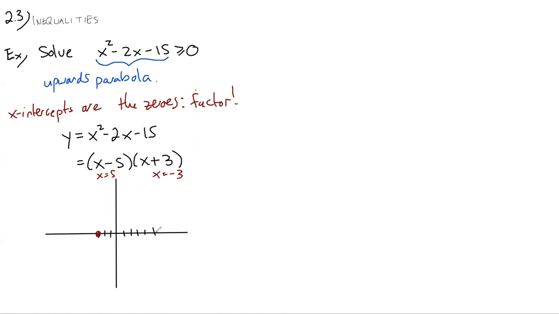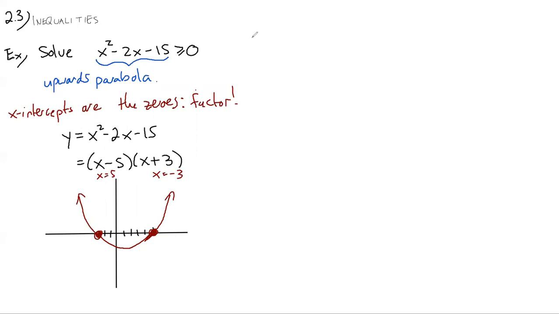My -3 and my +5, and it's an upwards parabola, so the vertex should be somewhere in the middle. I'm not drawing any real scale here because I don't care to make it perfect. It's just enough to kind of see some behaviors here.